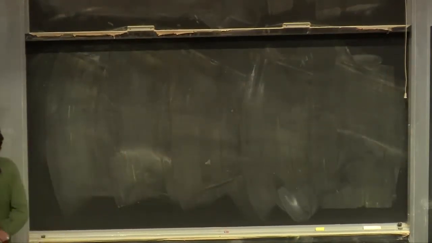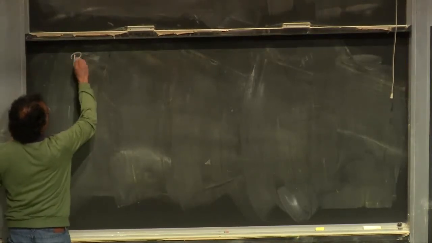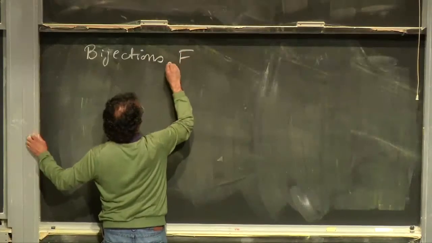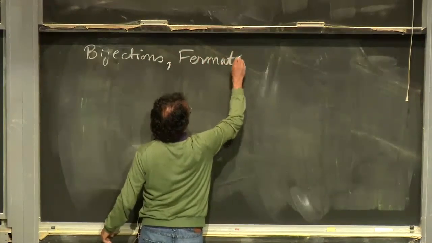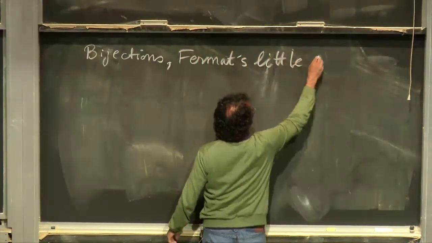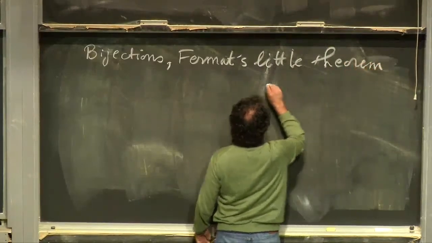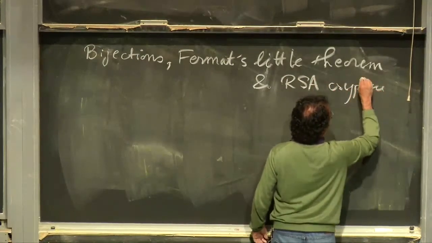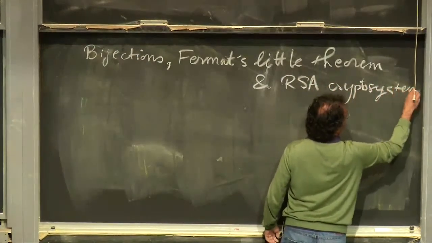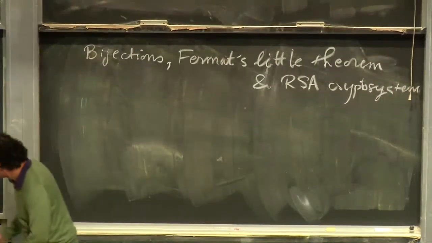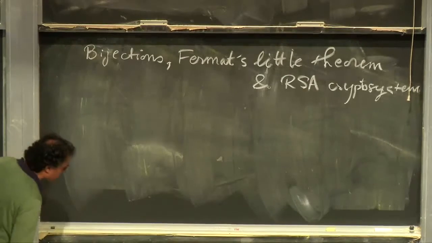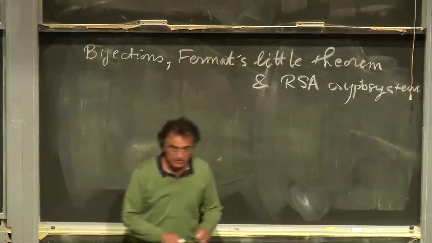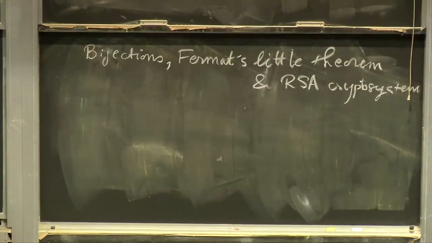So what we're going to talk about now is bijections, Fermat's little theorem, and the RSA cryptosystem. Okay, so first let's talk about bijections.